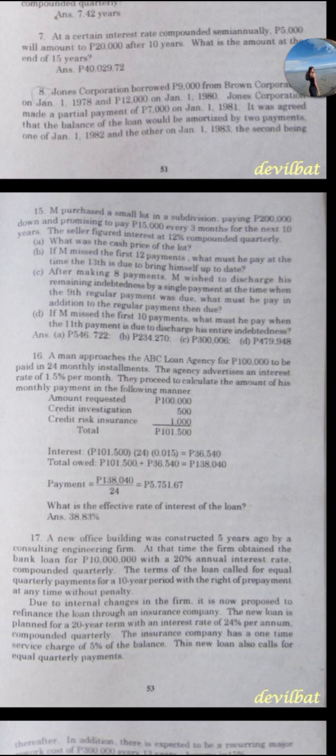Due to internal changes in the firm, the firm proposed to refinance the loan through an investment company. The new loan is planned for a 20-year term with an interest rate of 24% per annum, compounded quarterly. The insurance company has a one-time charge of 15% of the balance. This new loan also calls for equal quarterly payments.